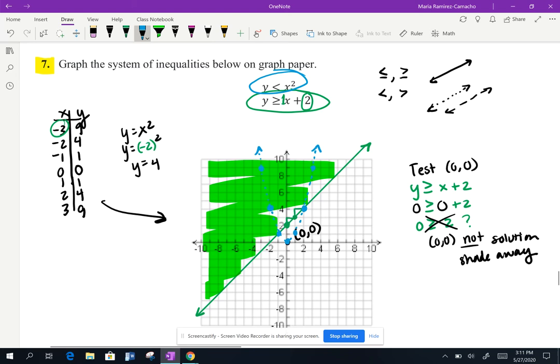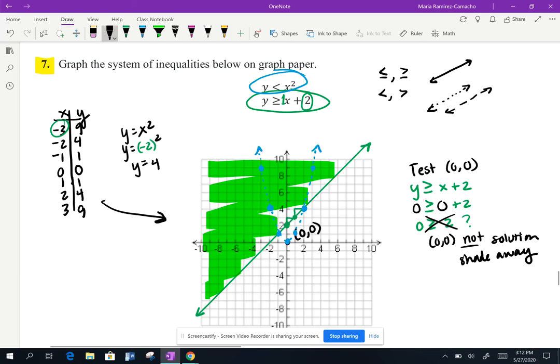And now we're going to figure out what side to shade by testing a point. I want you to notice that 0, 0 falls on this parabola. It's a point that is part of that parabola, so I don't want to test it. I never want to test a point that falls on the line or falls on the parabola. So let's test a different point.